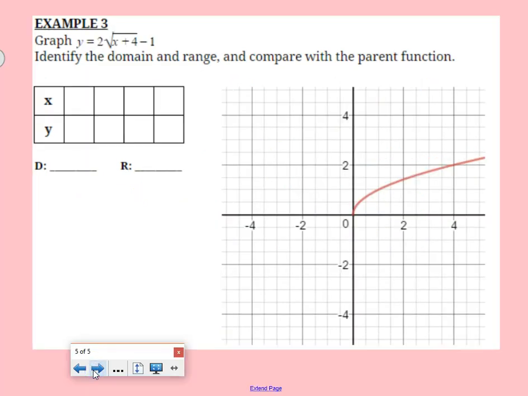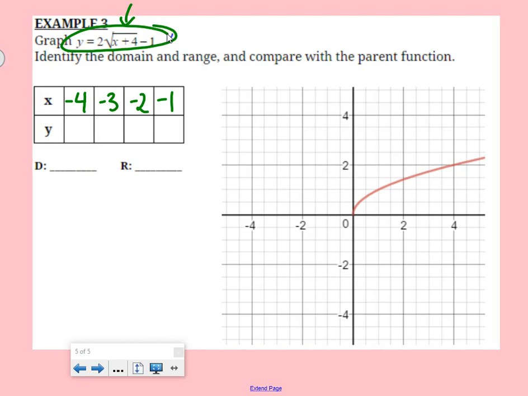One last example, graph y equals 2 times the square root of x plus 4 minus 1. We look for x values that we can put underneath the radical without getting negative numbers. So we can start at -4 and then get bigger than that. So we can plug in -4, -3, -2, and -1.